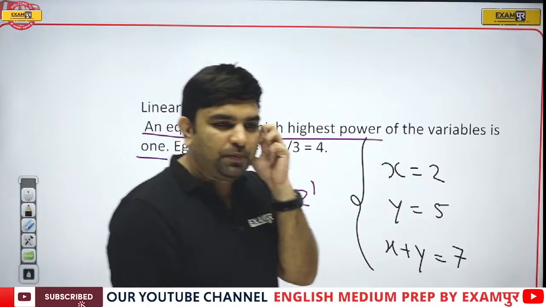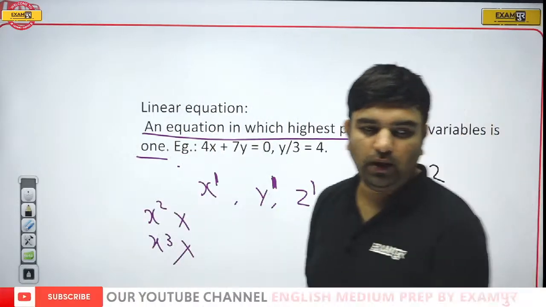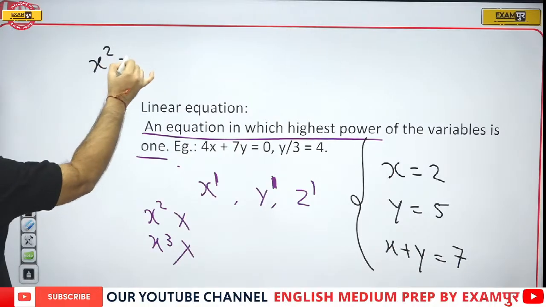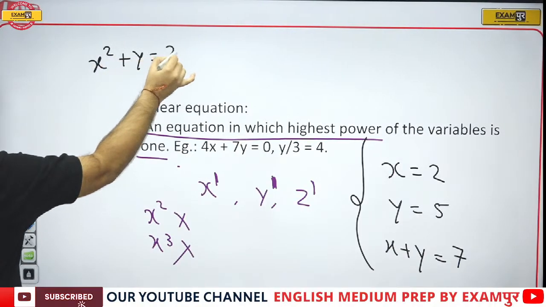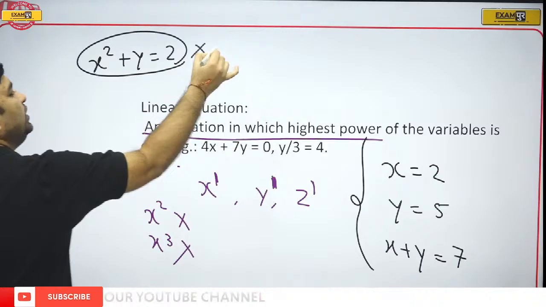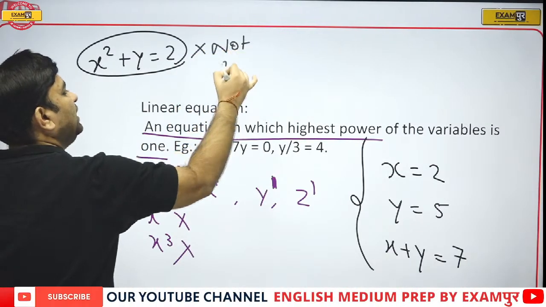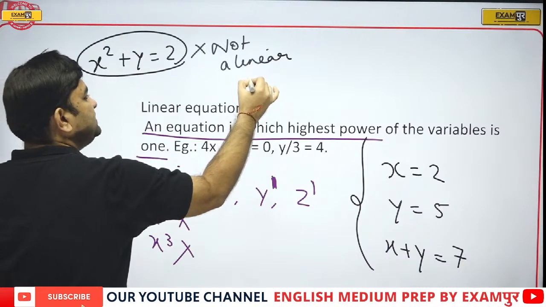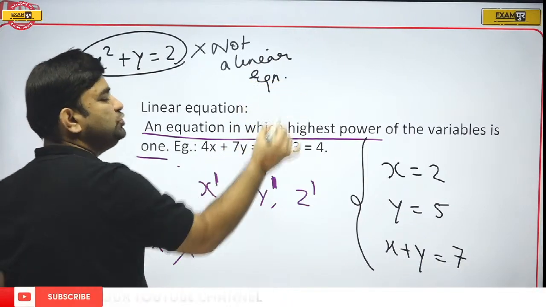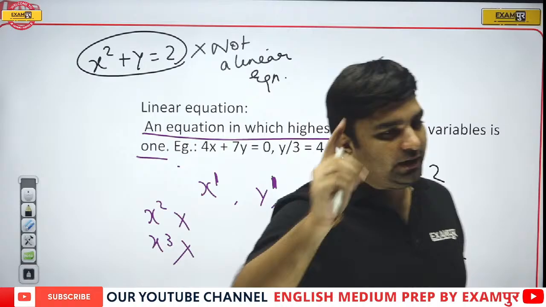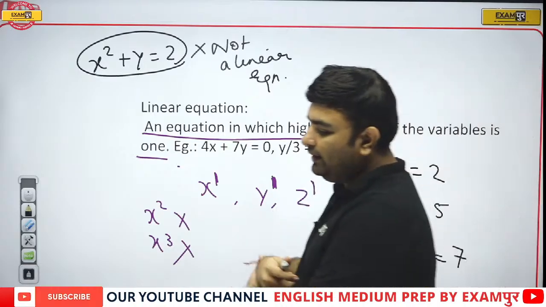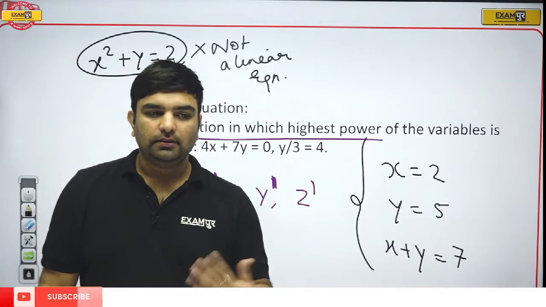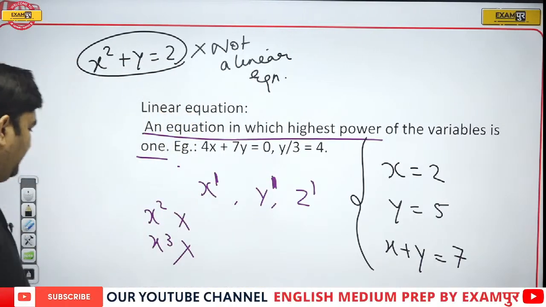If it becomes x square plus y is equal to 2, it is not a linear equation because here the highest power is 2. So the first thing we learn is that in any linear equation, the highest power of the variable should be 1.